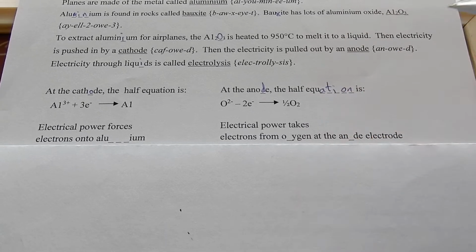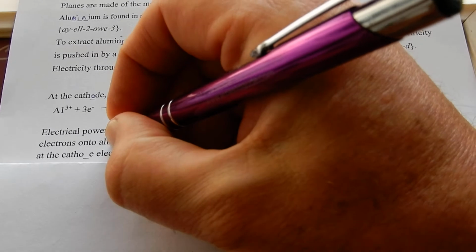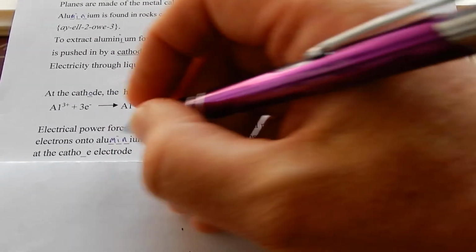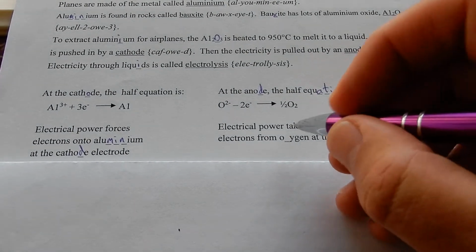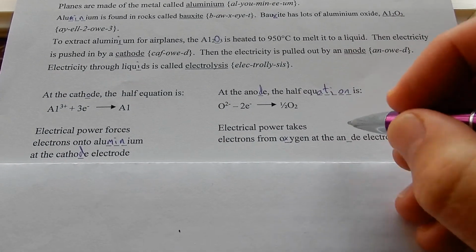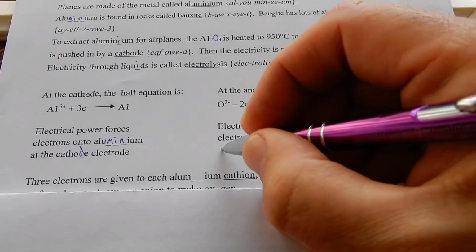Electrical power forces electrons into aluminium at the cathode. Electrical power takes electrons from oxygen at the anode, making oxygen gas.